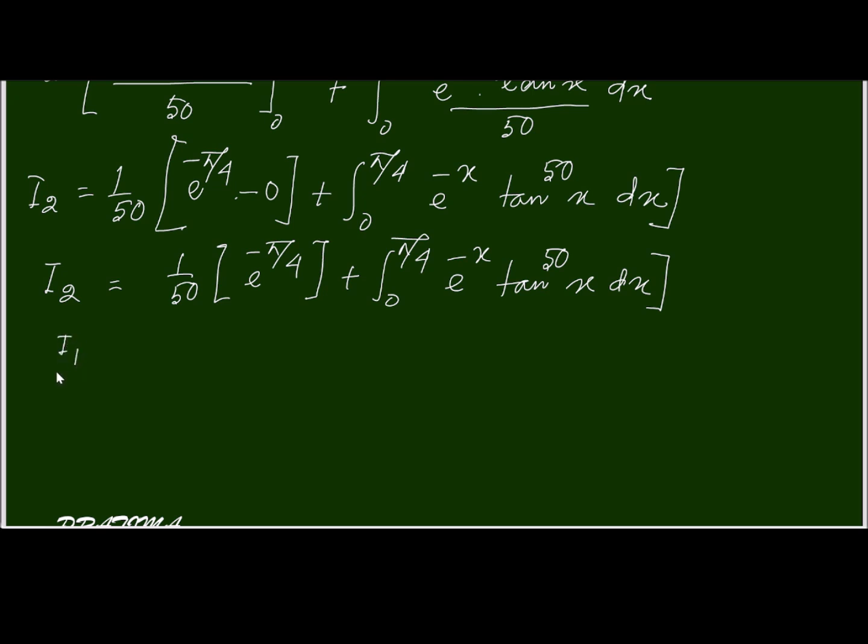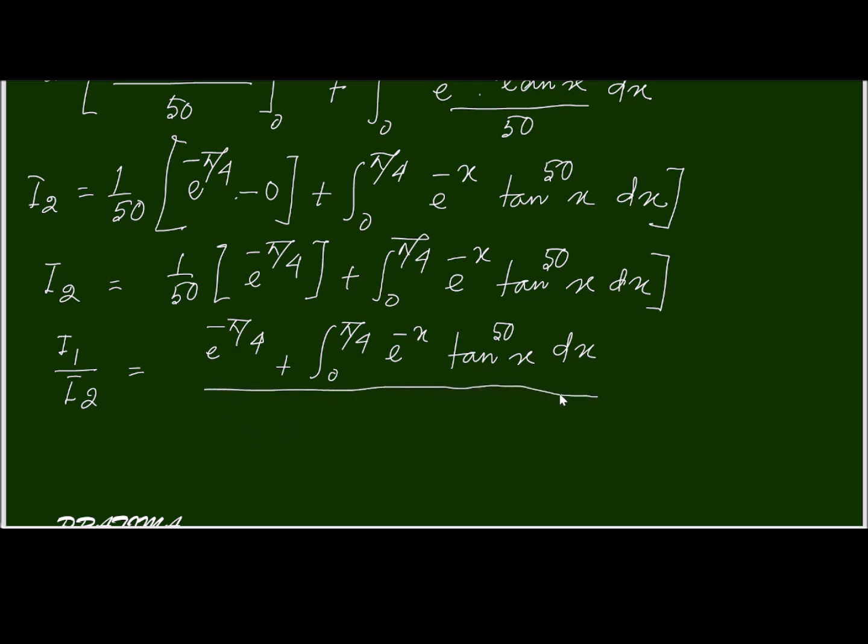So I1 over I2 equals e to the power minus pi by 4 plus the integral from 0 to pi by 4 of e to the power minus x tan to the power 50x dx, whole over 1 over 50 times e to the power minus pi by 4 plus the integral from 0 to pi by 4 of e to the power minus x tan power 50x dx.